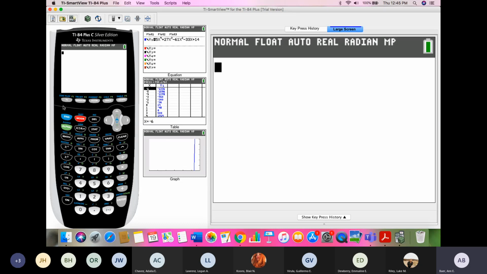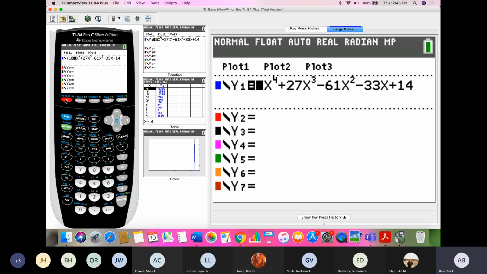To enter a function, these are the graphing keys, the gray keys on my calculator and what's above them. So I want to click on y equals. We want to clear out that function there. The best way to do that is click on the clear key over in the rightmost column, right under the arrow keys. It will turn red. So every keystroke I click on today will turn red.